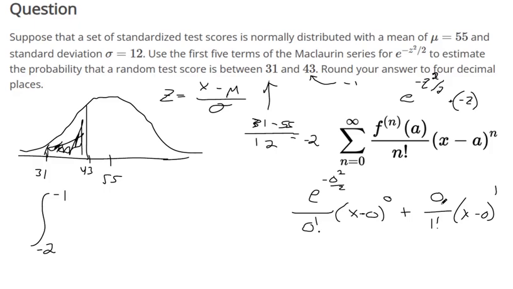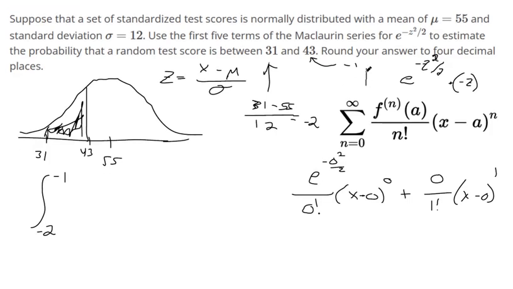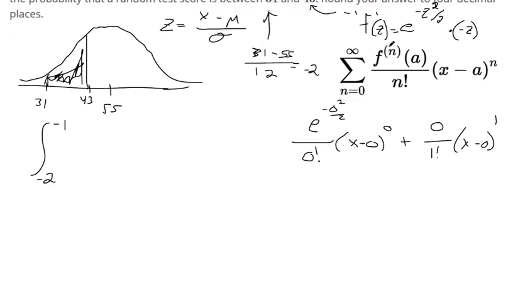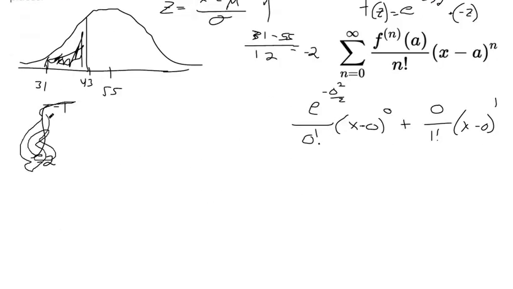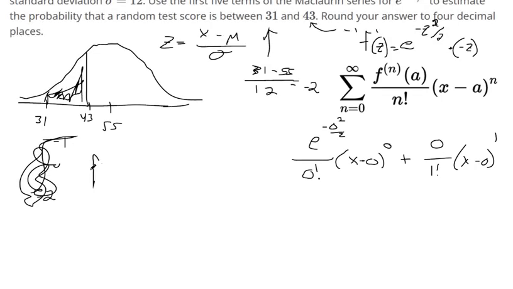Man, 5 terms is going to be tough, because now we're going to have to use the product rule. Let me pause and make sure I'm going in the right direction. Yeah, we are. So this is the first derivative. For the next term, for n equals 2, we need the second derivative. So off to the side here, we'll do that later. This is the second derivative.